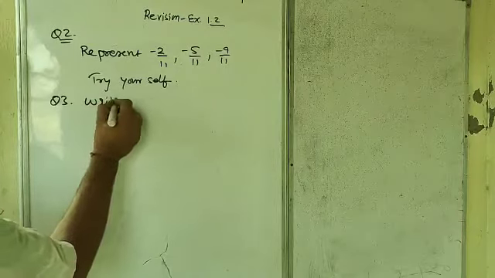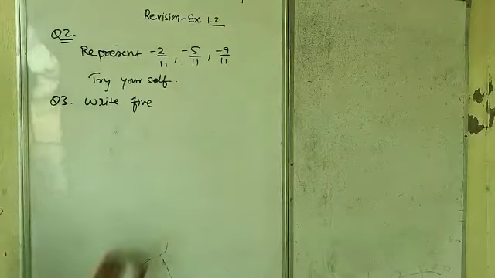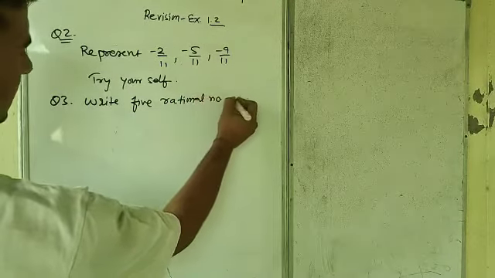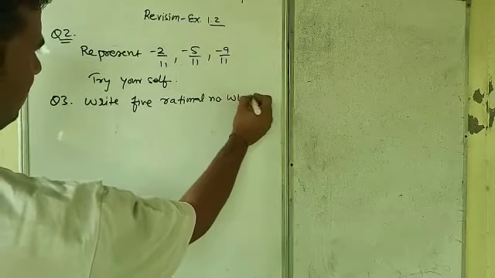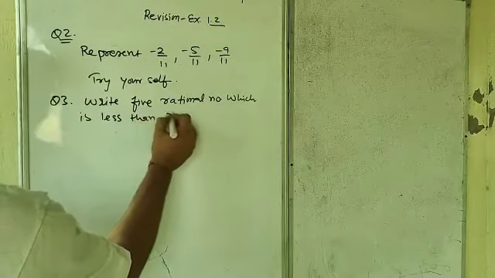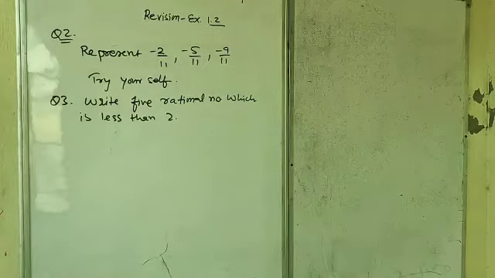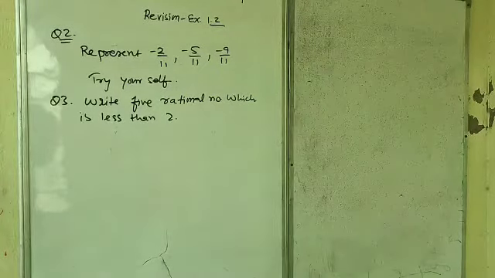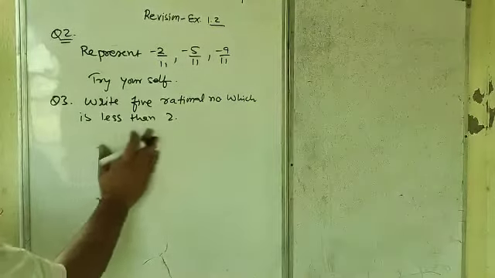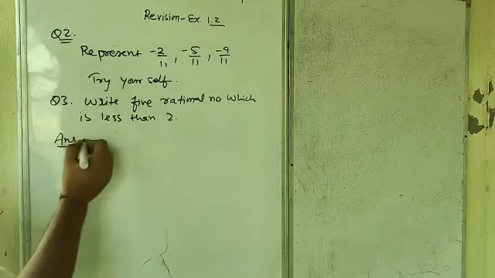Write 5 rational numbers which are less than 2, जो 2 से स्मॉलर हों. ऐसे हमें 5 रेशनल नंबर चाहिए. Remember always, all natural numbers, all whole numbers, integers, everyone are also rational numbers.